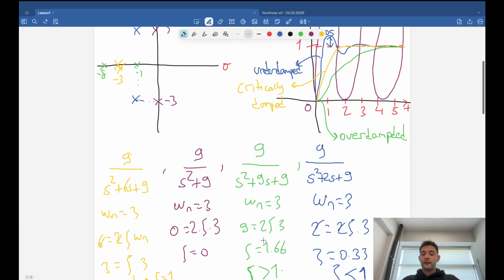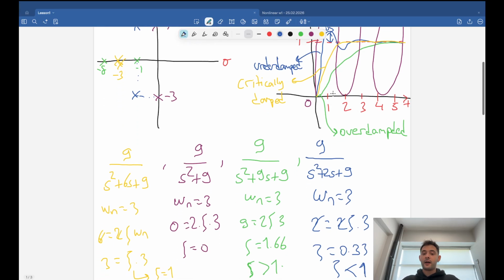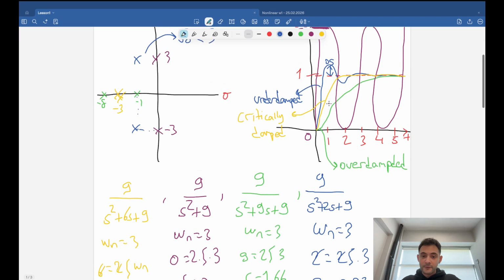If you have a zeta value which is more than 1, okay, your response is going to be slow. By the way guys, don't forget this. If you have an underdamped response, take a closer look here. The blue one, the underdamped one, has moved on to the final value so much quicker than the green one. Like the green one can reach the value in 4 or 5 seconds, but on the other hand, the underdamped one reaches it in at least like 0.5 seconds, right?